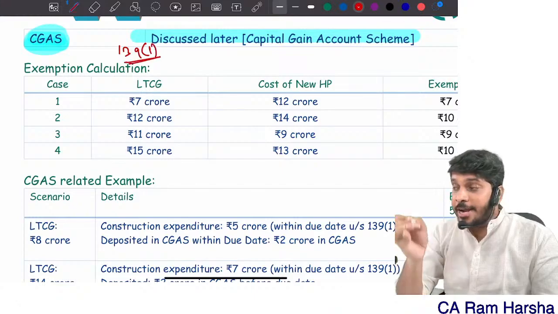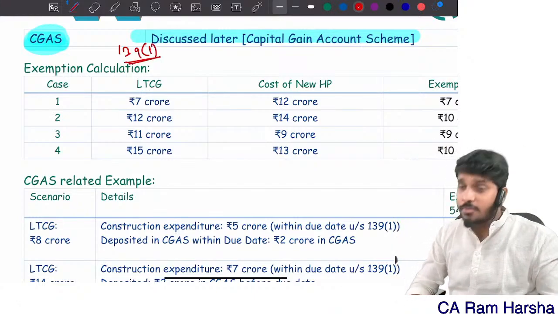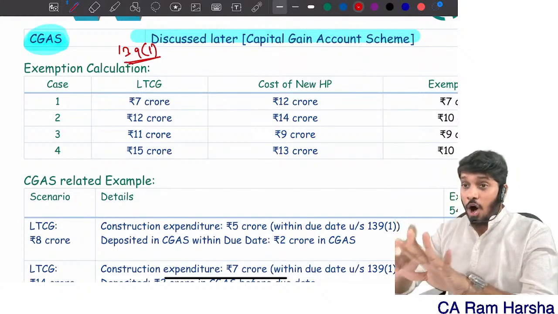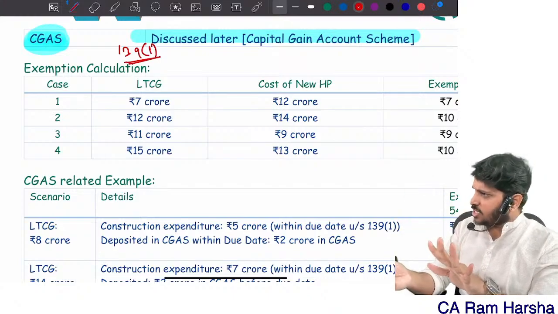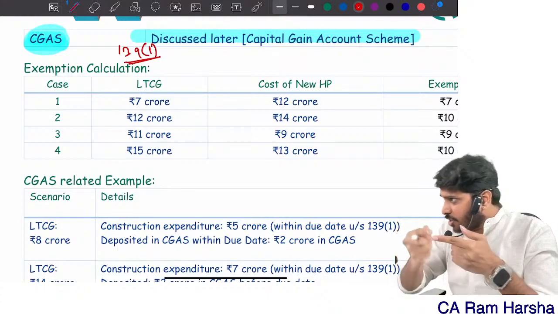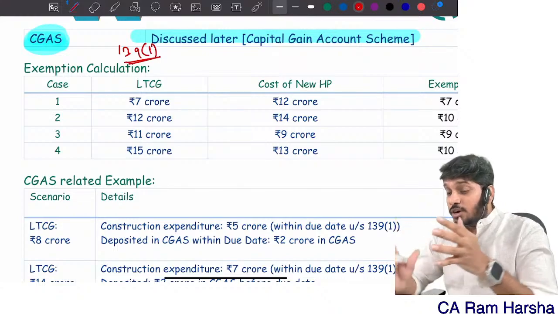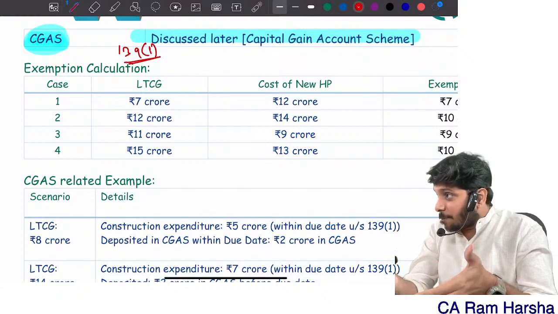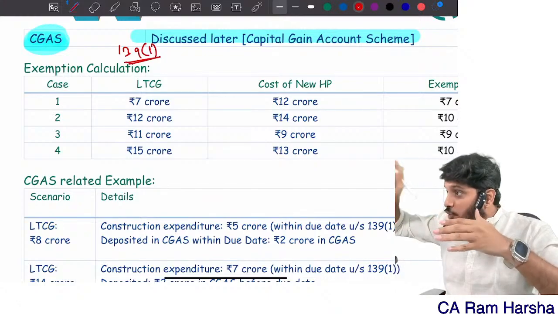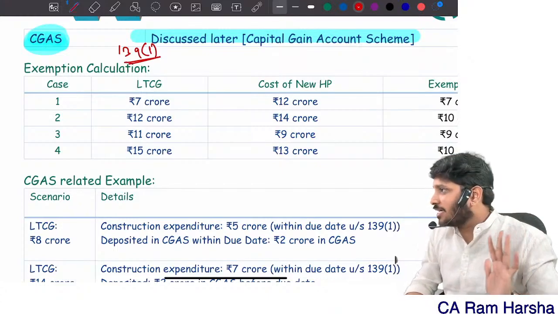Either you deposit in the bank account, or you directly purchase or construct a house on or before the 139 subsection 1 due date. Whatever it is, by the due date it must happen. If you deposit the amount in the capital gain account scheme by the due date, whatever amount you deposited or the gain you have, whichever is lower, that much you can claim as exemption, subject to a maximum of 10 crore. Able to understand, all of you?